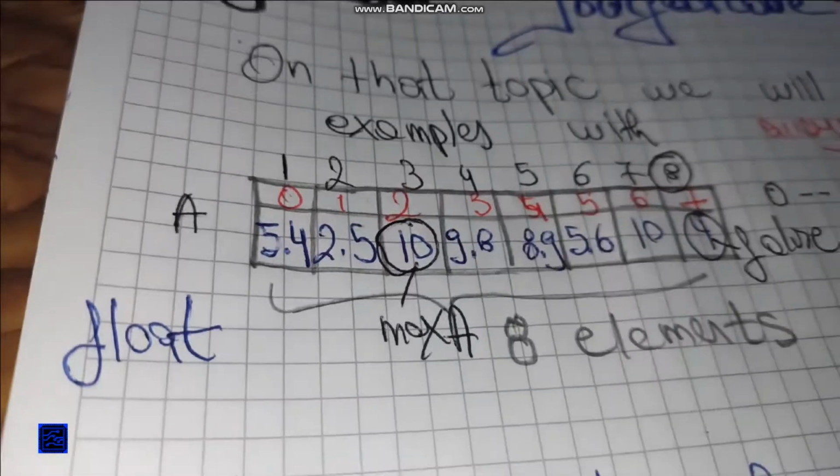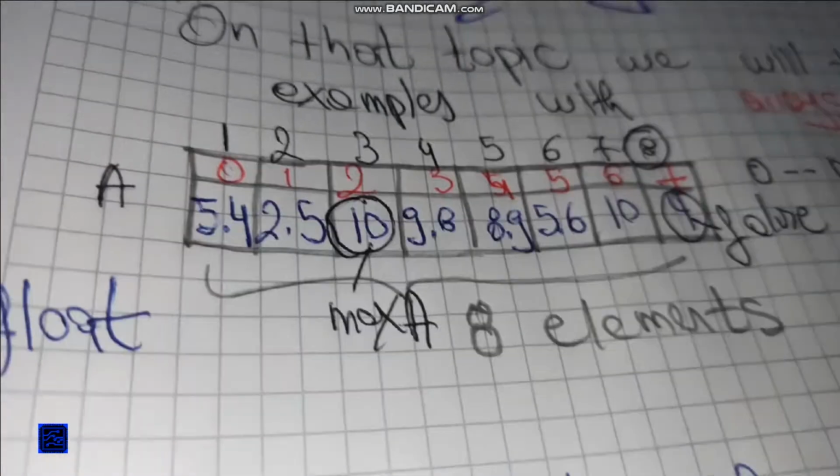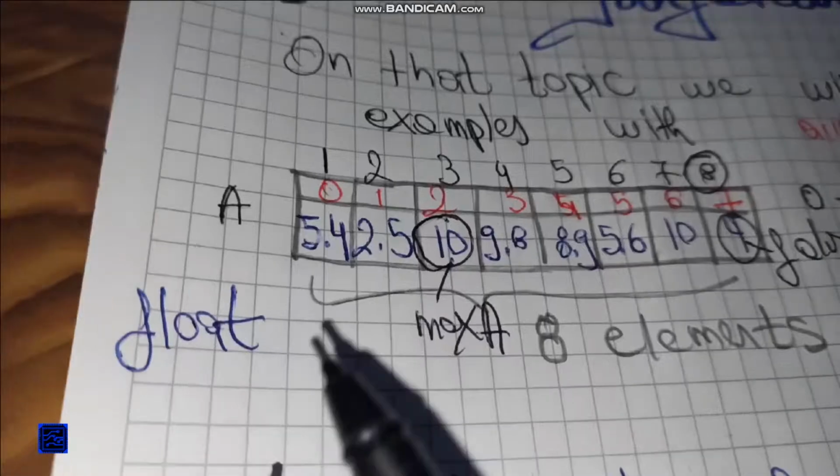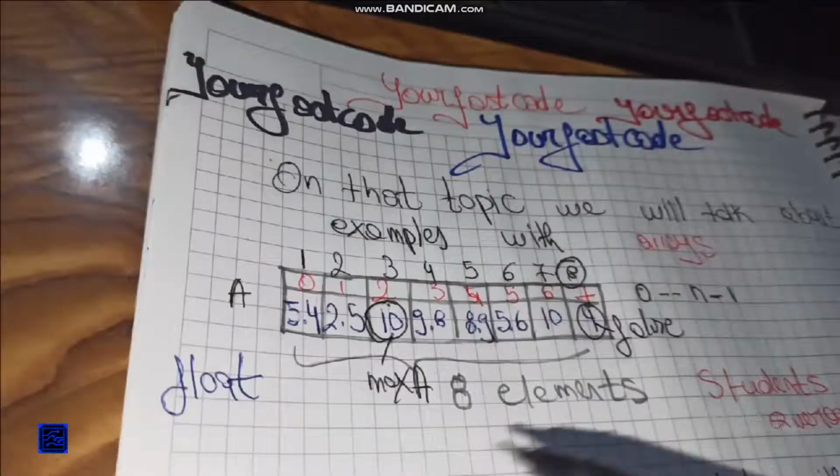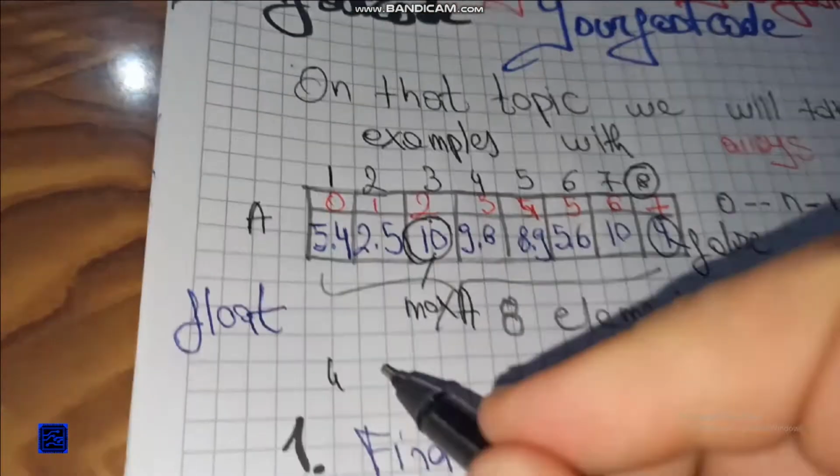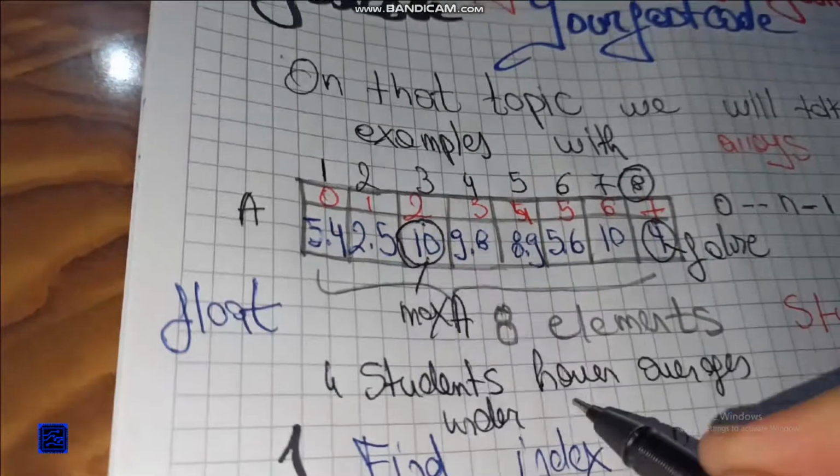And we'll now count how many students are under 7. 1, 2, and we'll say 4 students have averages under 7.